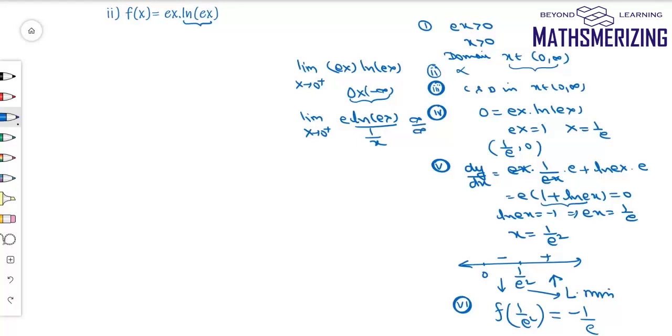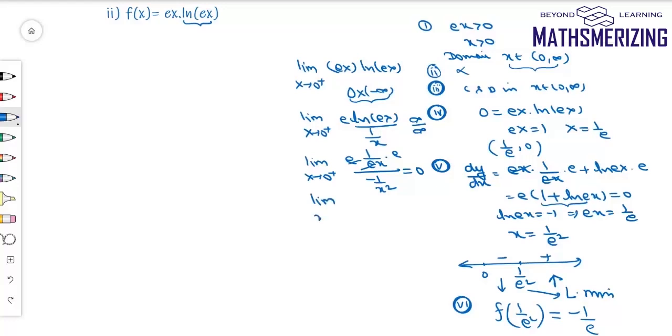So I'll differentiate numerator and denominator separately. So limit x tends to 0 positive, it is 1 upon x, and in the denominator, minus 1 upon x square. So if I'll solve it, I'll get this limit as 0. So when x tends to 0, the limiting value of this function is 0.